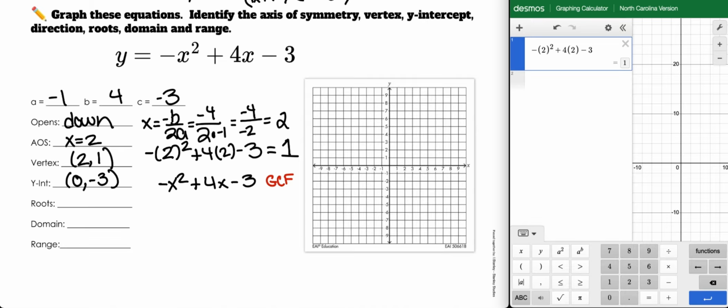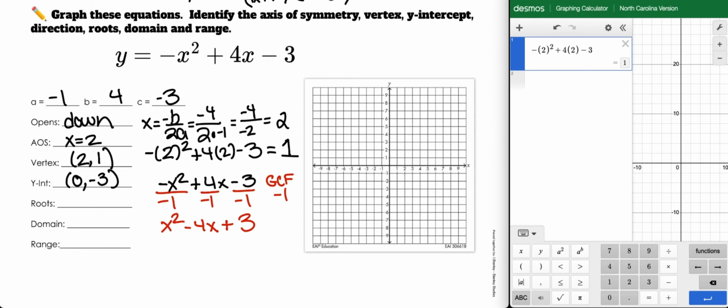And so that means I'm going to take a GCF out of -1. So that means everything is going to be divided by -1. And when I do that, that gives me x squared minus 4x plus 3.